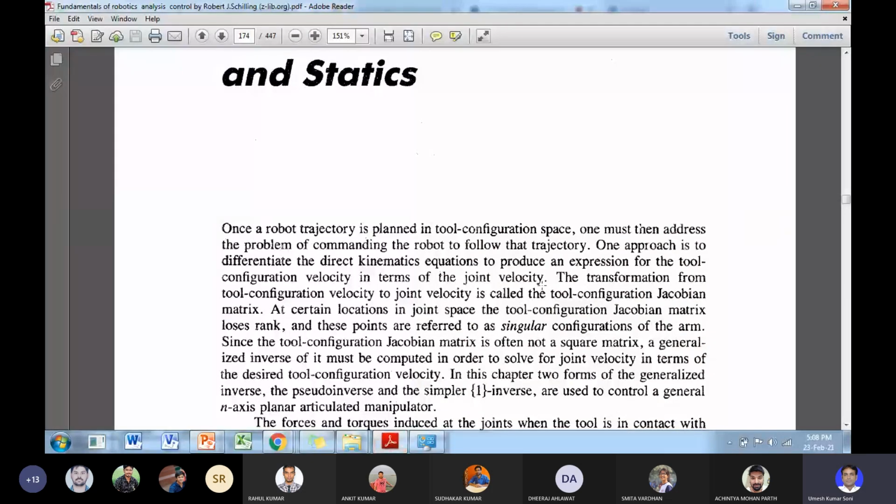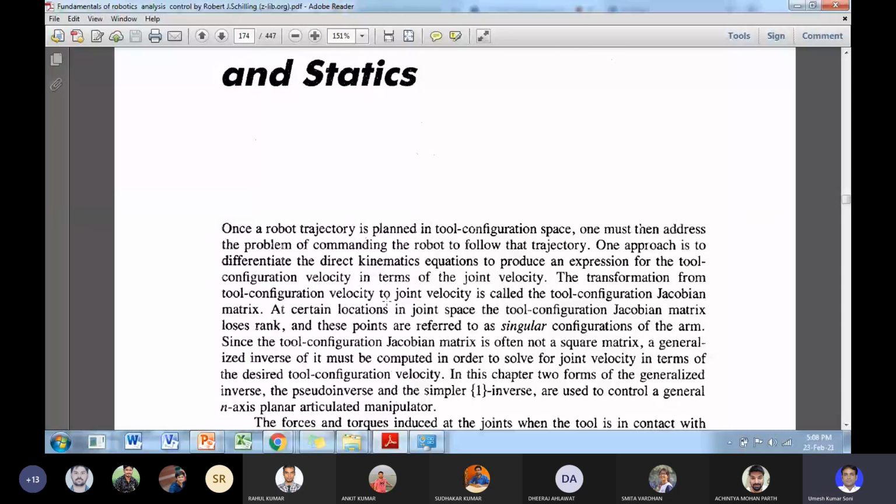Here, the transformation from tool configuration velocity to joint velocity is called the tool configuration Jacobian matrix. This is only for the tool end, where we determine the velocity of the tool end.